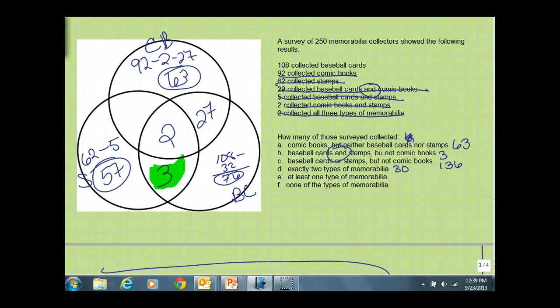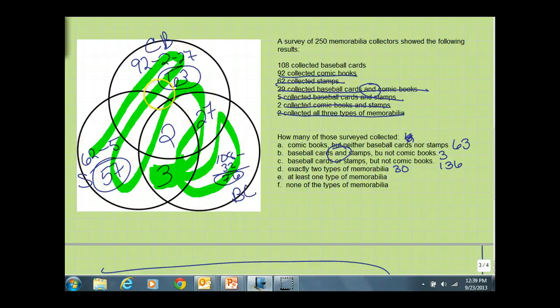At least one type of memorabilia, and that one we're counting everything in all the circles here. Okay? If we were to add them all up, another way we could find that is we know that the total is 250, and we could subtract everything out also. If we were to add all that up, that's going to be 228, I think it was.